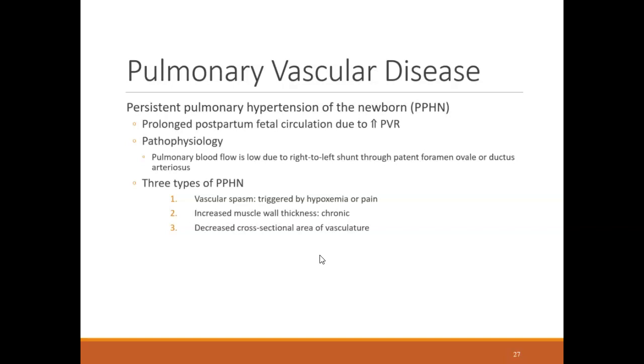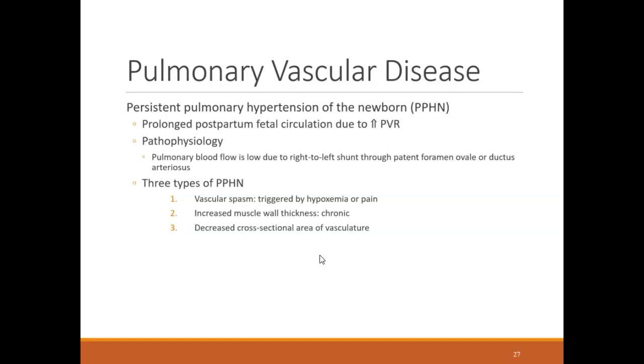There are a lot of risk factors or contributing factors that can cause PPHN, but typically, at its roots, you should be thinking about causes of PPHN as anything that causes patients to return to fetal circulation.